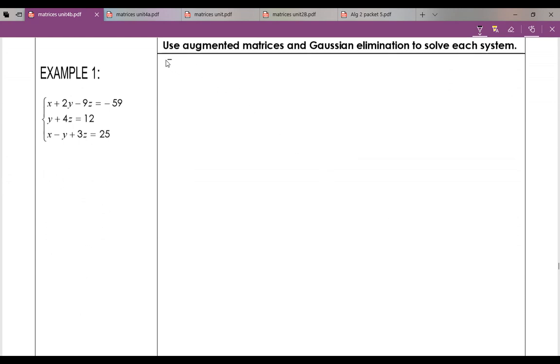So the first thing it tells us to do is write the matrix in row echelon form. So 1, 2, -9. Put the bar, don't put the bar, totally up to you. 0, 1, and 4. This equation does not have an x.